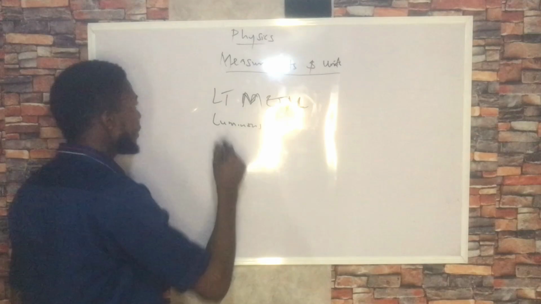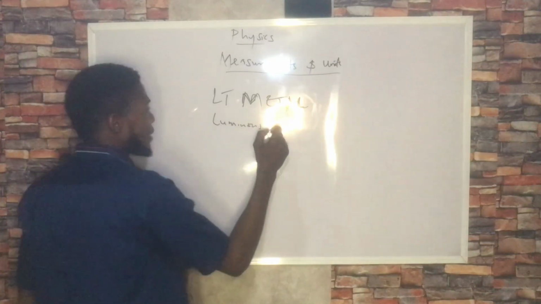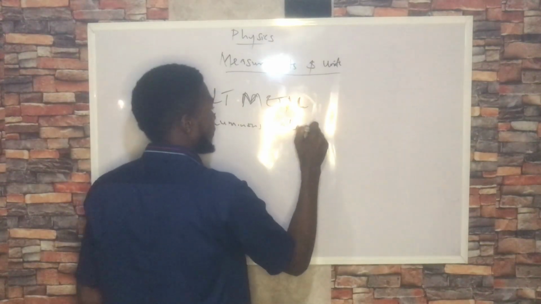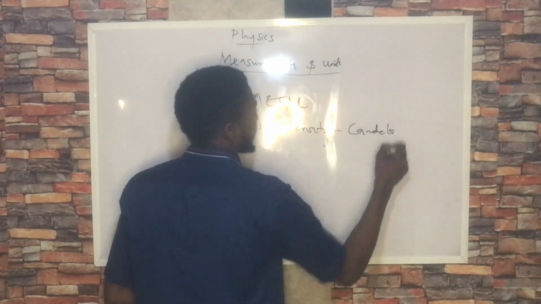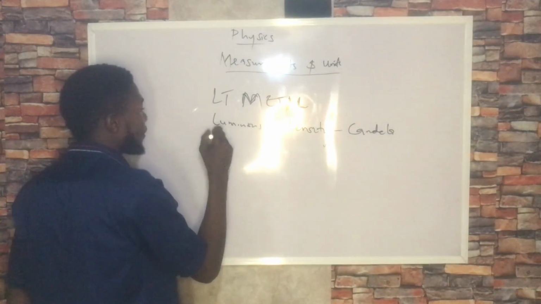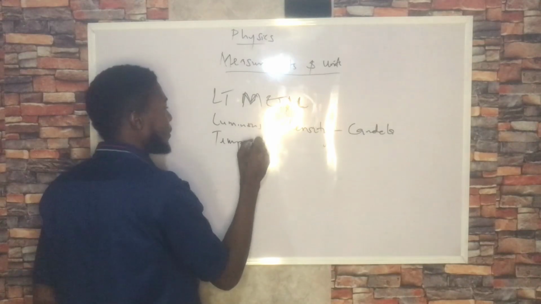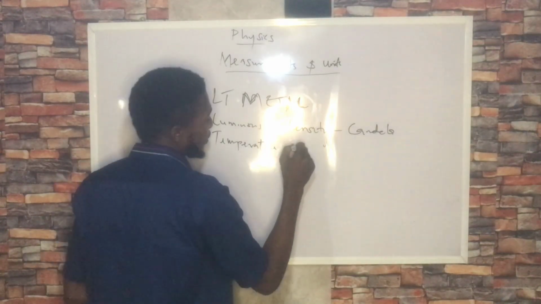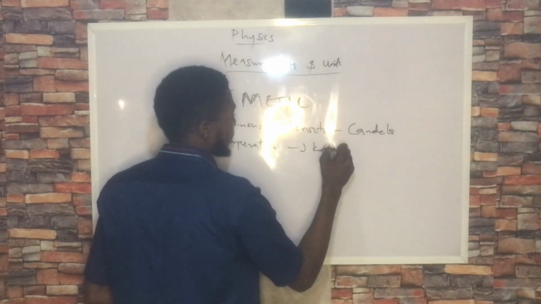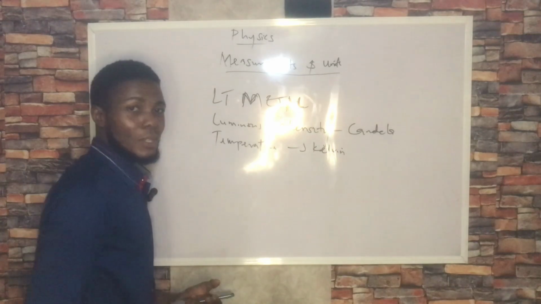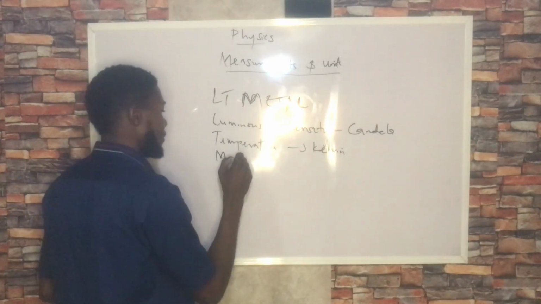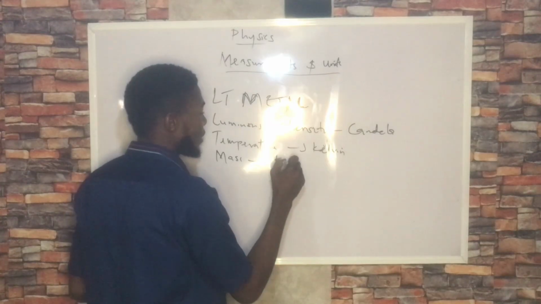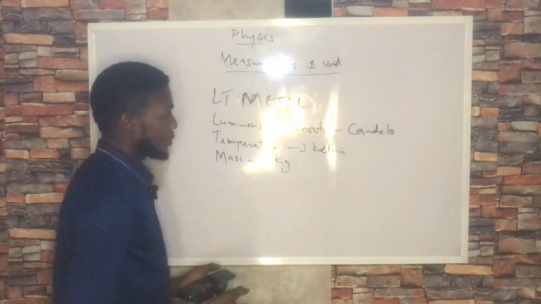So for luminous intensity, we use candela. For temperature, the simplest unit we use is Kelvin. There are other units which we can use. For mass, the simplest unit we use is the kilogram, or simply kg.